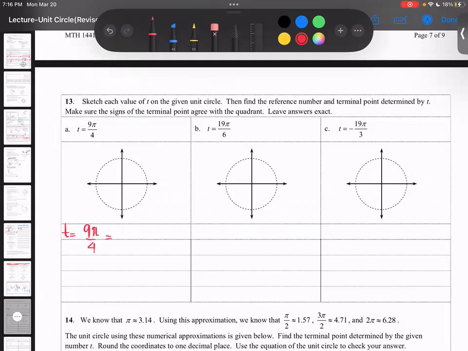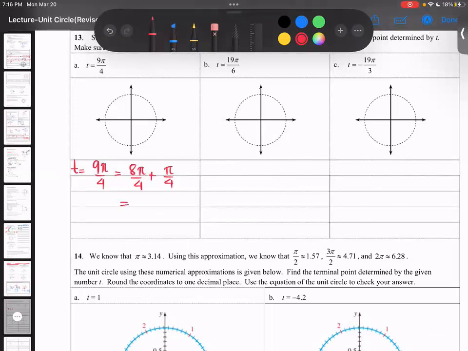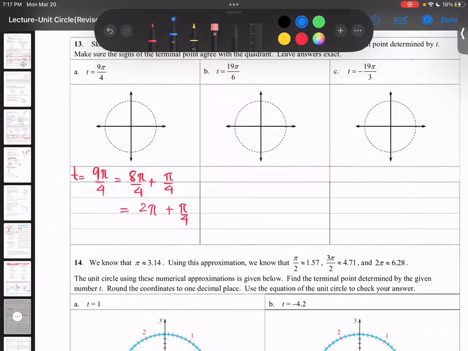Now, if I want to rewrite this, it's the same thing as what? 8 pi over 4 plus pi over 4. 8 pi over 4 is the same thing as 2 pi. So basically, this is what you do. You go once around, and then a little bit more, pi over 4 more. So you end up right here.